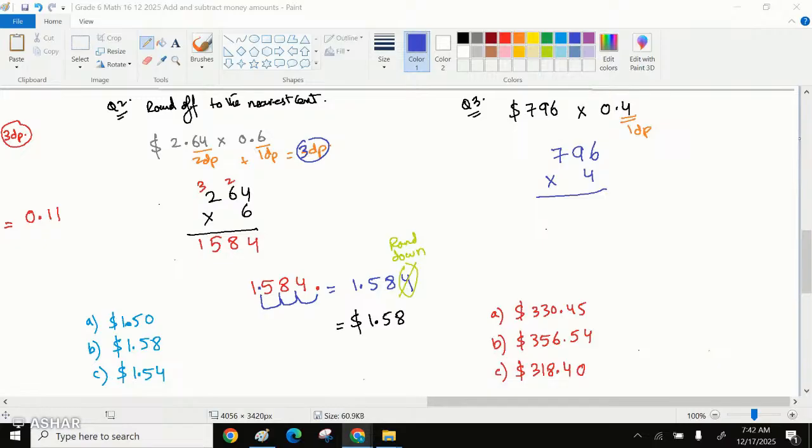Let's confirm the answer. And the previous one also confirmed. That's correct, right? 1.58. Option B was correct, right?